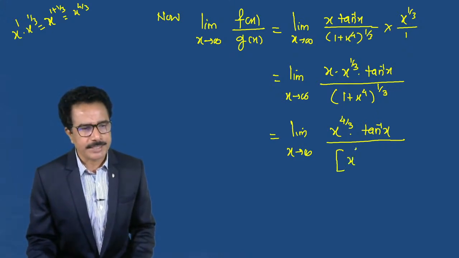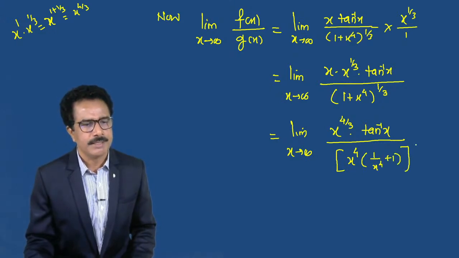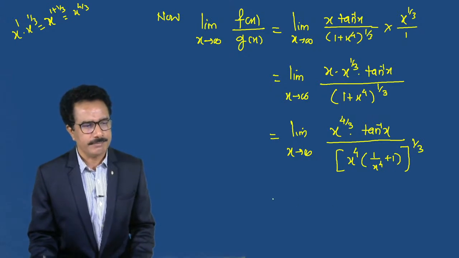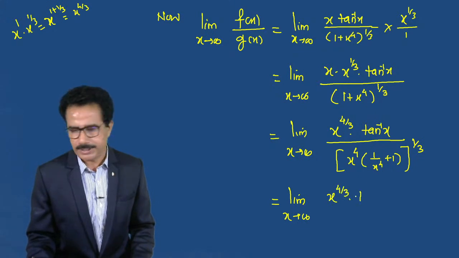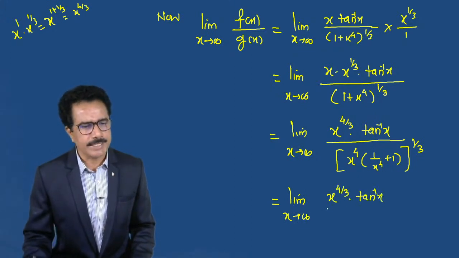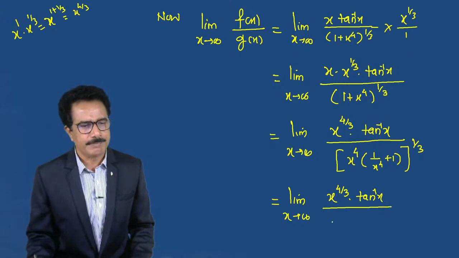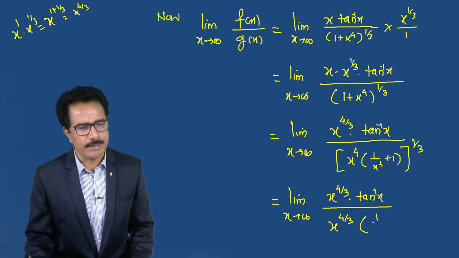If we take x raised to 4 common in the bracket, then we get (1 upon x raised to 4 plus 1) bracket raised to 1 by 3. So we can write limit x tends to infinity x raised to 4 by 3 into tan inverse x divided by x raised to 4 by 3 into (1 upon x raised to 4 plus 1).